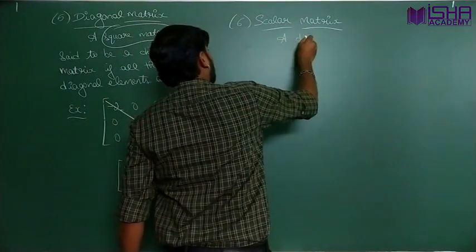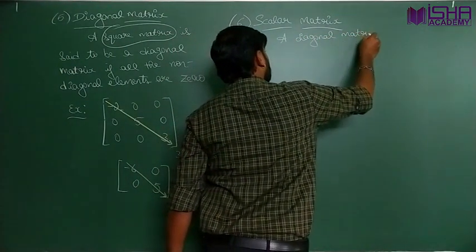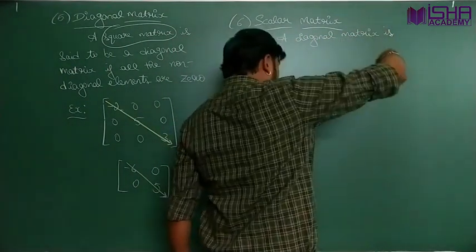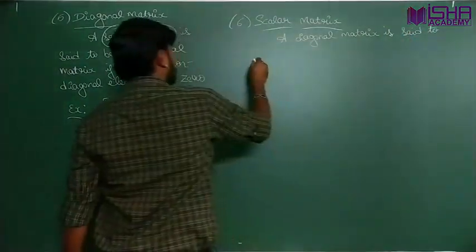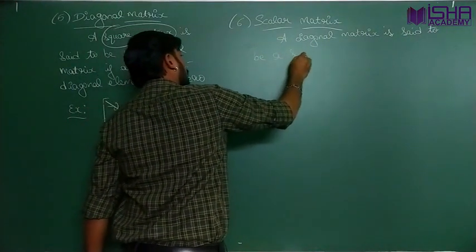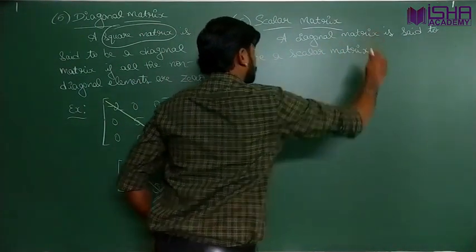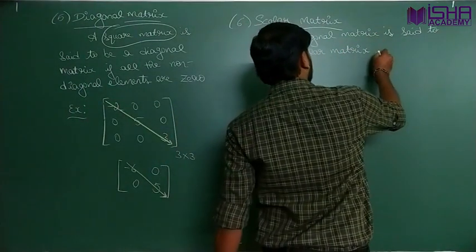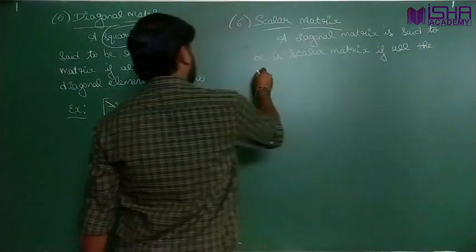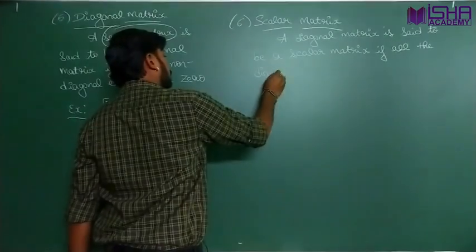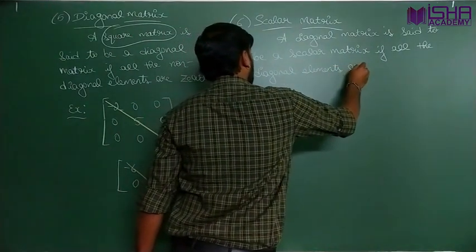A diagonal matrix is said to be a scalar matrix if all the diagonal elements are same.